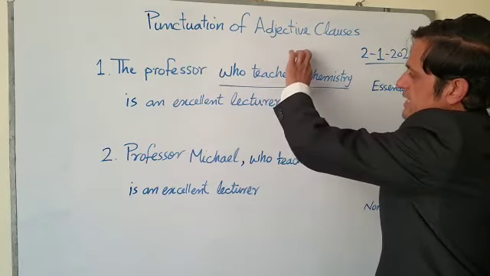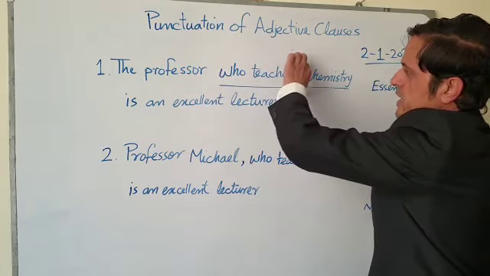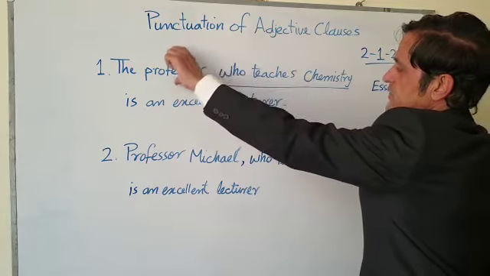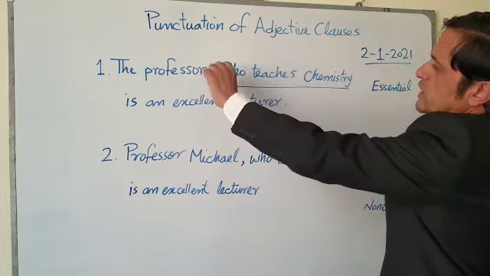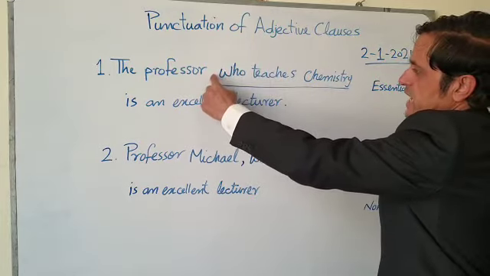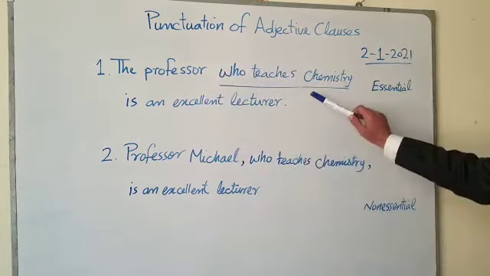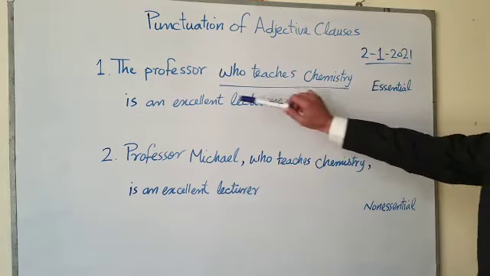That's why we do not need to write a comma here, and this is called an essential adjective clause.